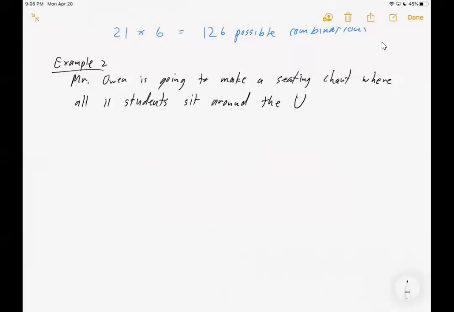The desks are in a U in consecutive, that means next to each other, seats. How many ways can he do this?